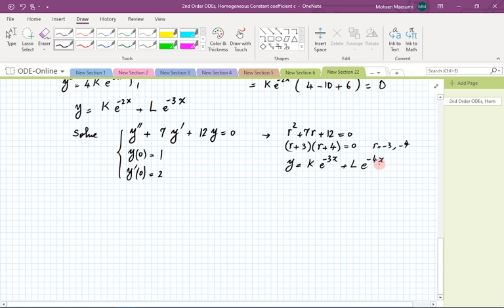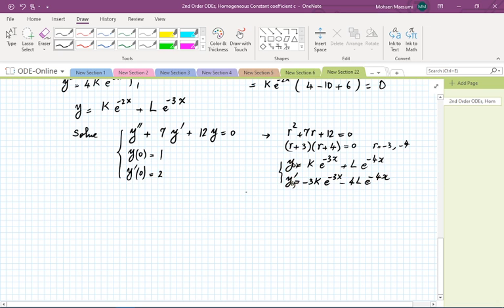Well, the function and its derivative are subject to some constraints here. So let me write the derivative as well. y prime is minus 3k exponential of minus 3x, minus 4L exponential of minus 4x. Then what? This is at x.